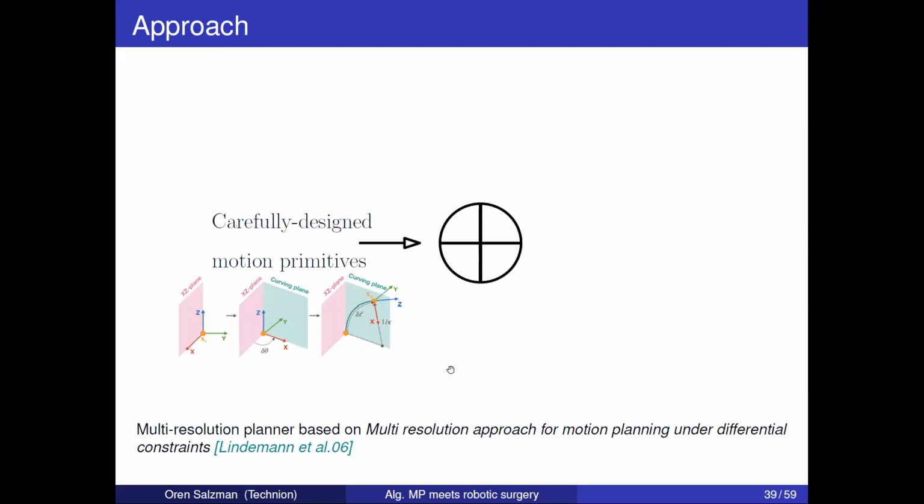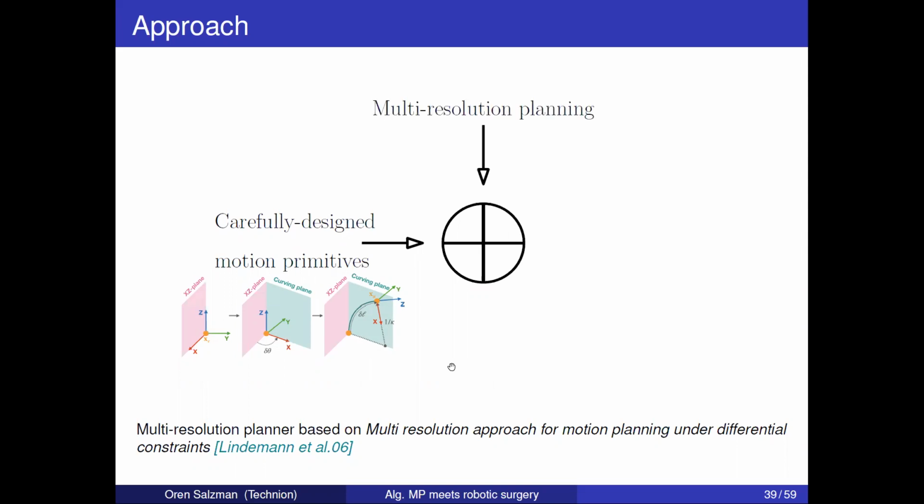We have a bunch of primitives, each one within different resolutions, and then we can combine them into a planning architecture. The ability to take large motions when we're progressing towards the goal, and fine motions when needed, and the search algorithm understanding when to do what, is the notion of multi-resolution planning.